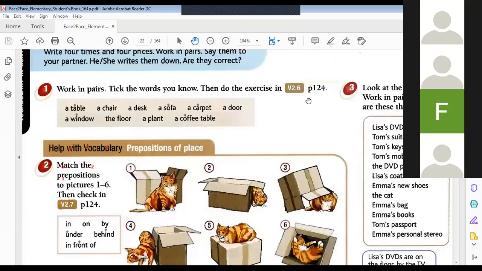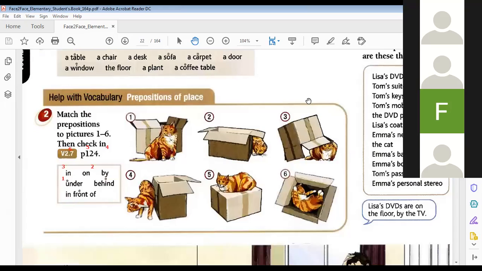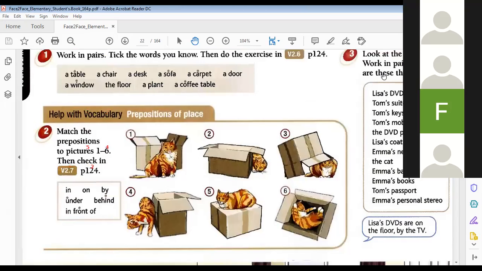So it says here in exercise number 3, where are these things? Look at the picture. Where are these things? So this is the list. So we have a list of items. Let's check the list of items first, okay? So we have Lisa's DVDs.